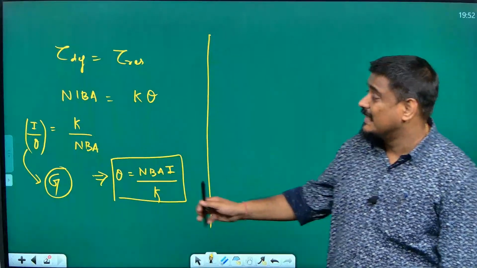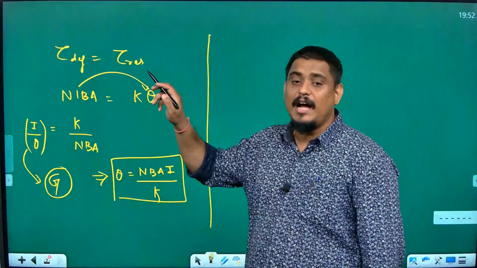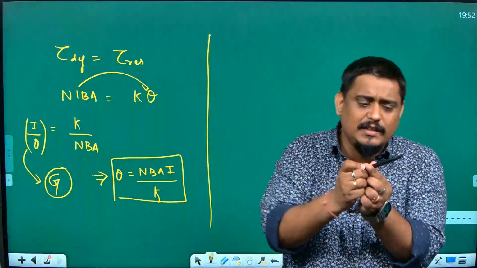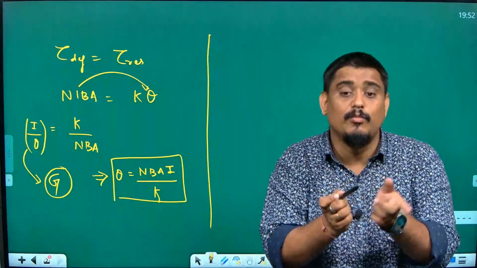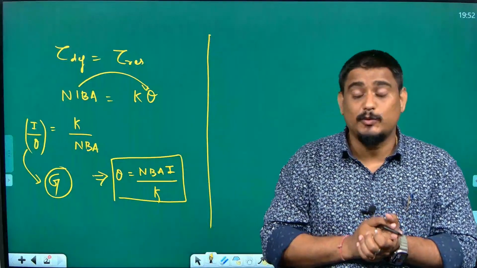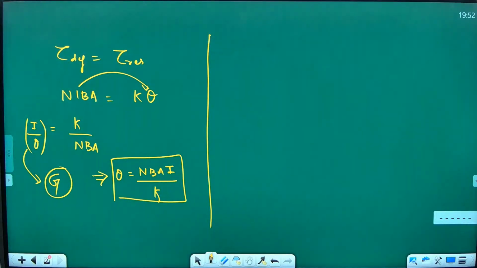And since the current is proportional to theta, I can even measure the current, because how much the needle will turn depends upon how much current is coming inside. If more turn, more current; less turn, less current. You can measure the current. That's why by this MCG we can also measure the amount of current coming inside.